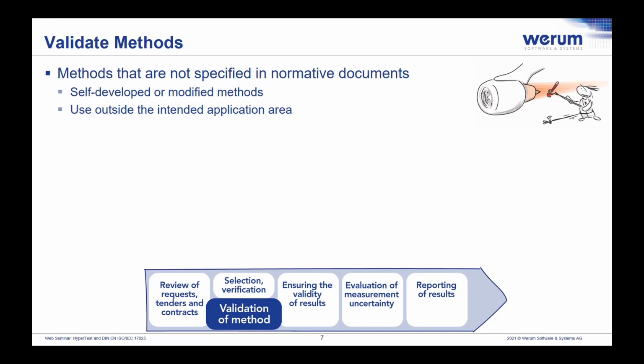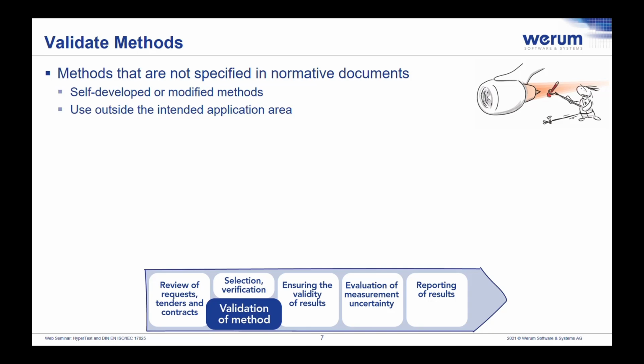This also applies to methods that were modified by the laboratory or are applied outside their intended area of use. The necessary validation process can be mapped in HyperTest specifically as you need it for your area of use and can support the most diverse processes.